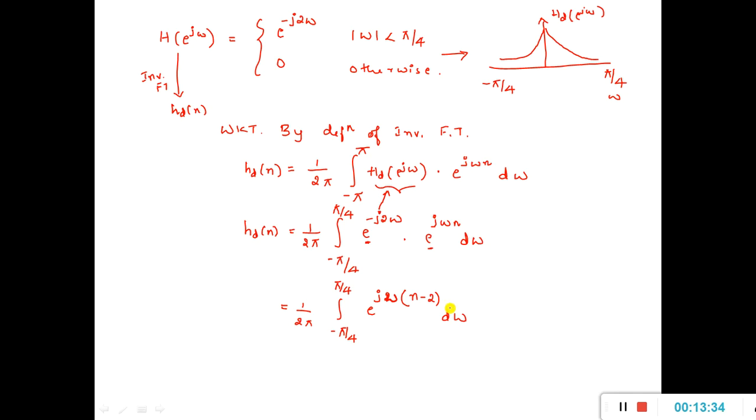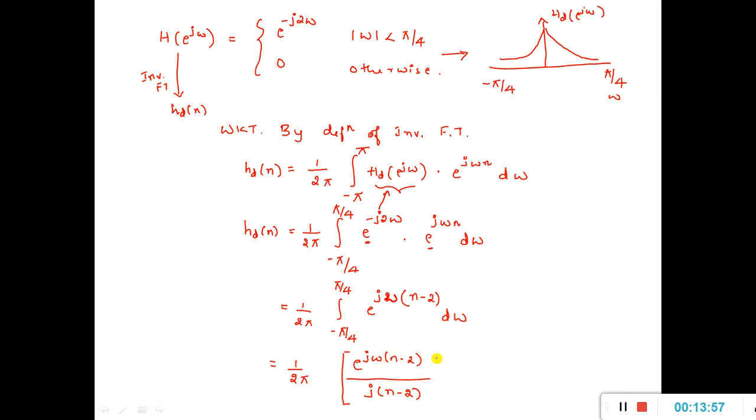Now perform the integration. So the integration of this will be minus 1 by 2 pi. The integration of e to the power of j omega (n minus 2) with respect to omega, so I should not forget to write divided by j into (n minus 2).